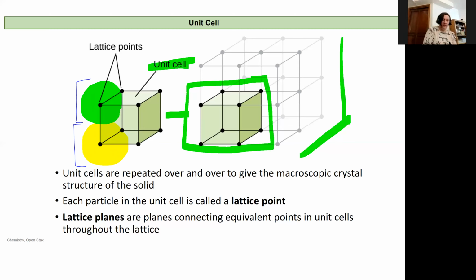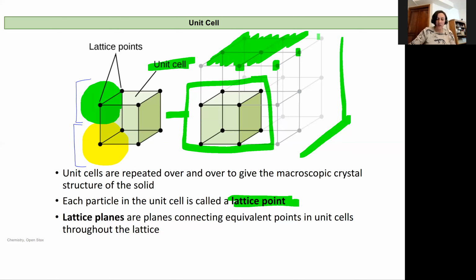We have a few terms here. A lattice point is any of these points of the lattice that are typically going to be the centers of the atom. And any plane where these points are connected, and I'm going to highlight a plane in our larger structure right here, is a lattice plane. It's just a plane within that structure.